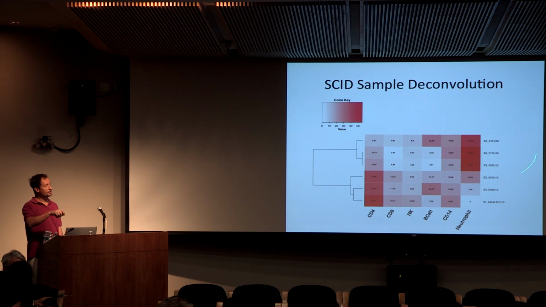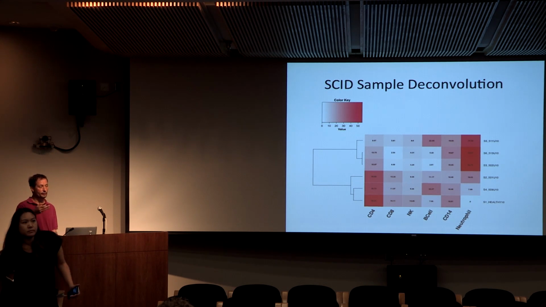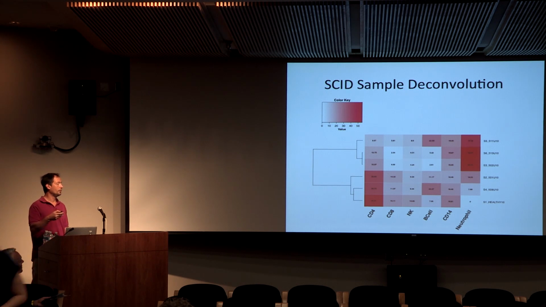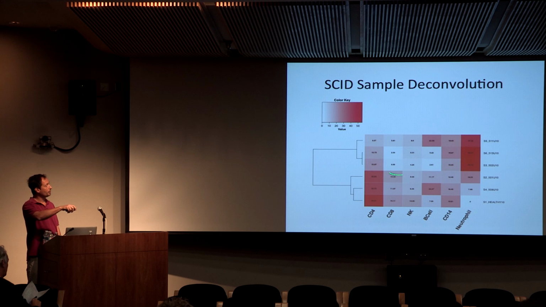And so he had access to blood from patients who had undergone this immune cell reconstitution, and he knew which ones had had a more successful reconstitution of their immune system and which ones had had a less successful one. We took the blood and profiled it, and found that a couple of the patients looked quite normal.